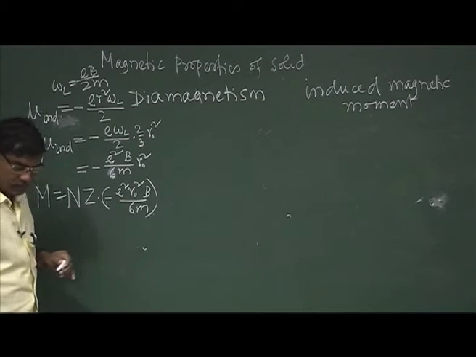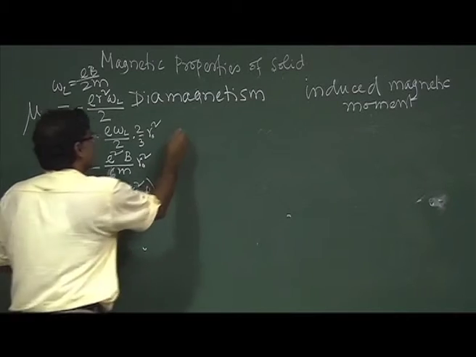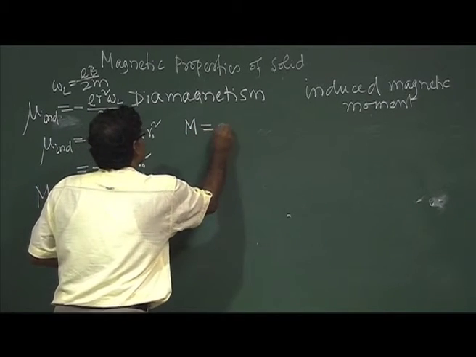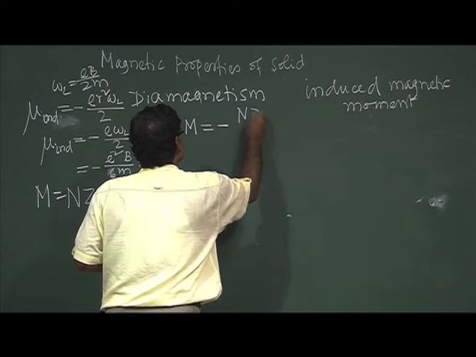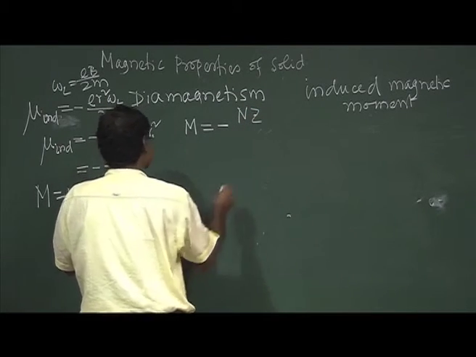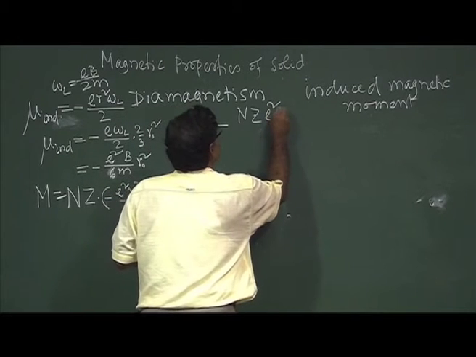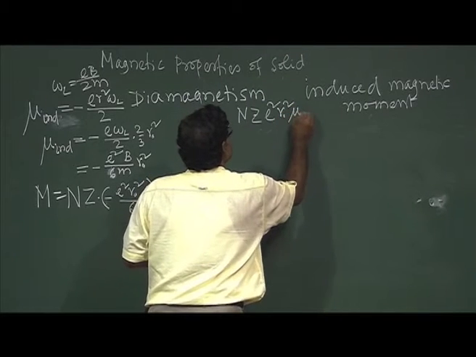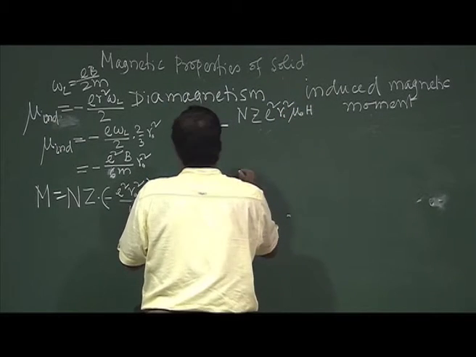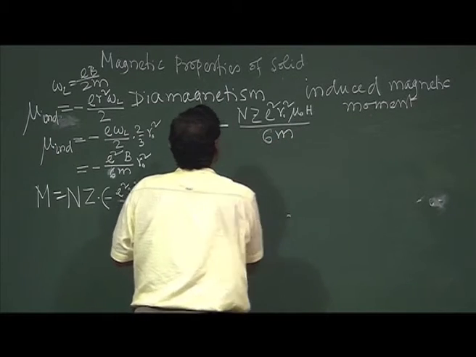This is the magnetization, and it shows the negative sign. What I am getting is N Z e square R0 square mu 0 H by 6m.